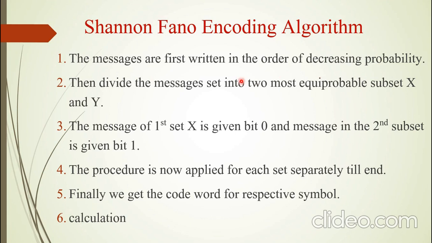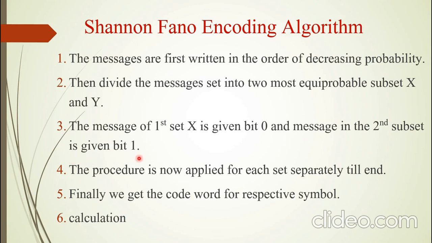The next step is to divide the message set into two most equiprobable subsets, X and Y. The messages of the first set X are given bit 0 and the messages in the second subset are given bit 1.